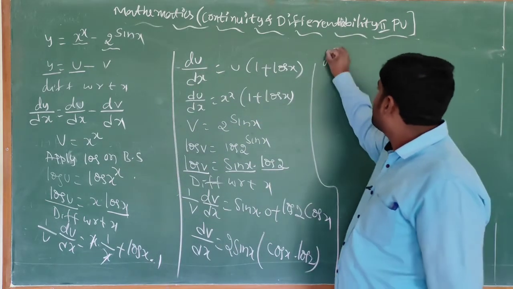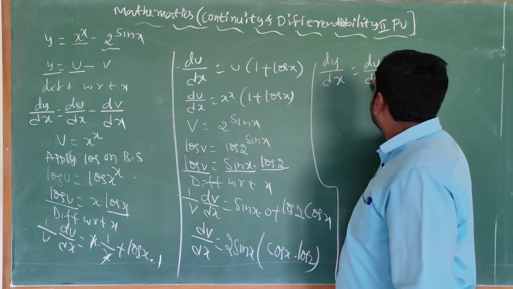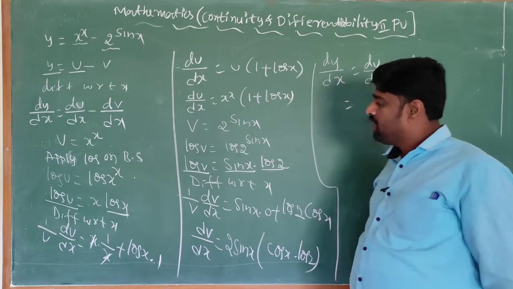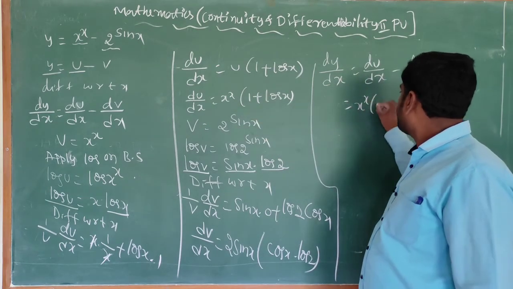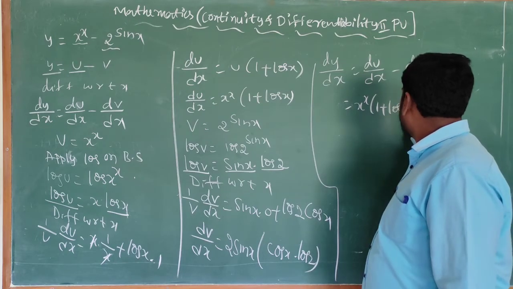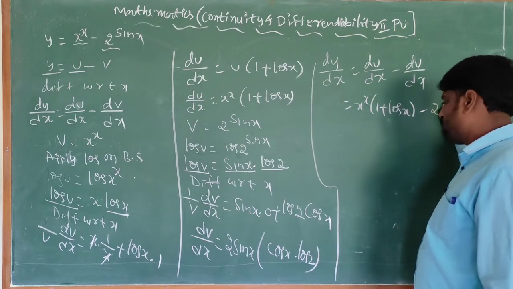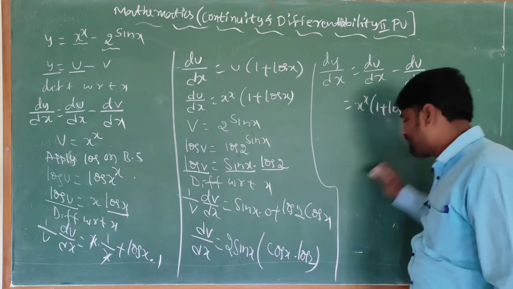So dy by dx is equal to du by dx minus dv by dx. du by dx is what? x to the power of x into 1 plus log x minus, dv by dx is what? 2 to the power of sin x.